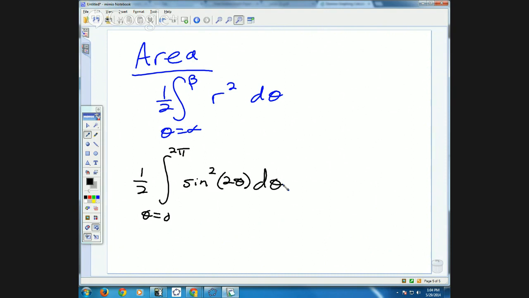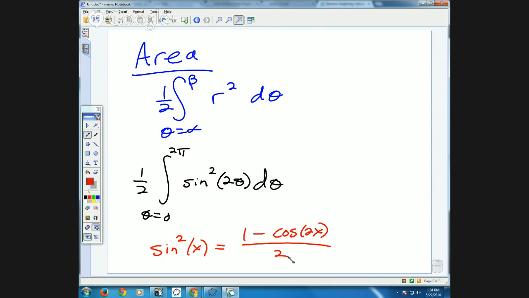So I need some kind of identity to get rid of the square. Use the half angle formula. My recollection is the half angle formula says the sine squared of x is equal to 1 minus the cosine of 2x all over 2.